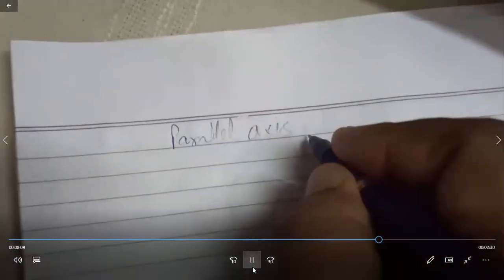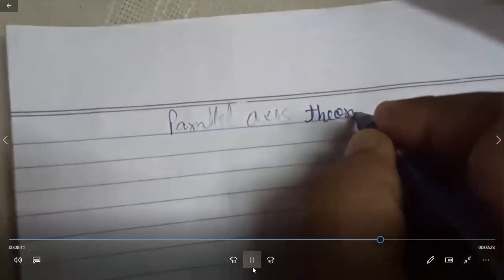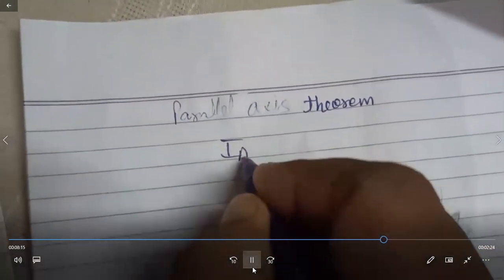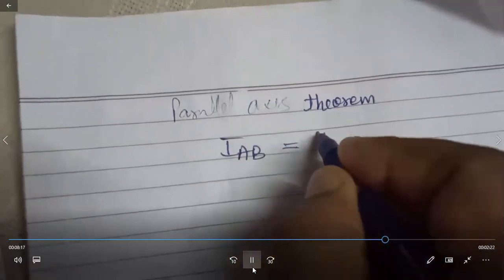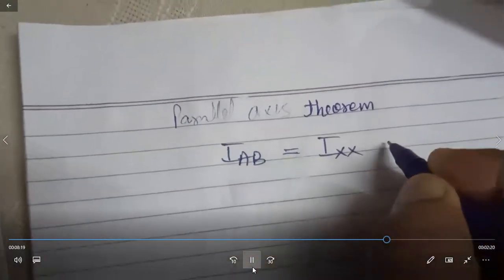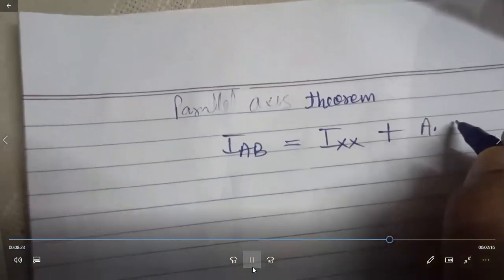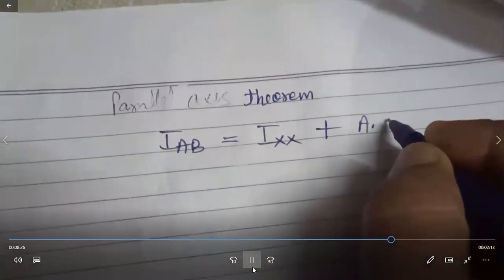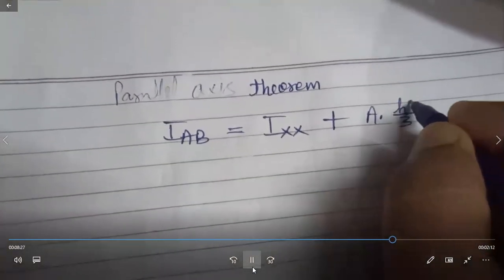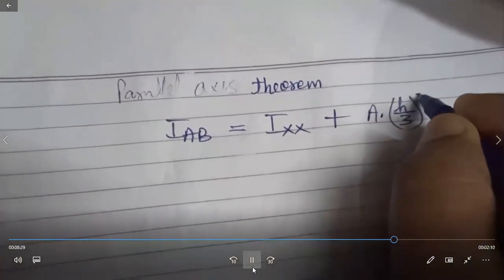By parallel axis theorem, IAB is equal to IXX plus area of the triangle into distance between them squared.